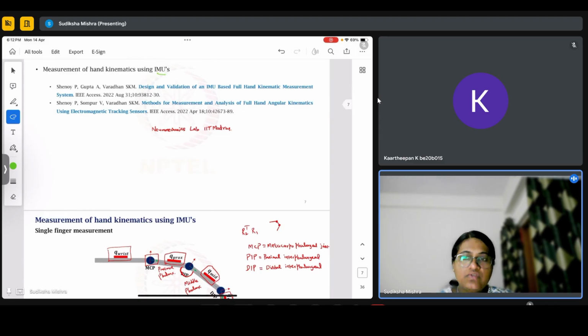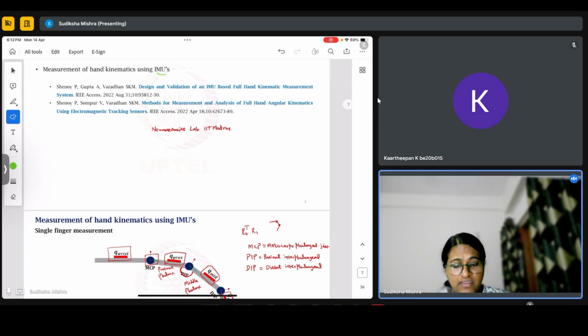These IMUs are kind of like chips that you can place on the segment you want to observe the kinematics for, and then you can record their movement and do your further analysis.